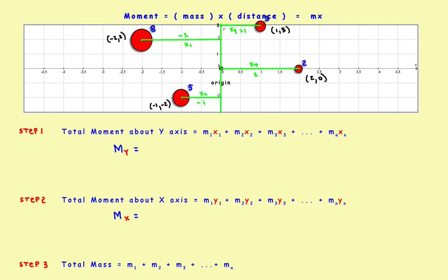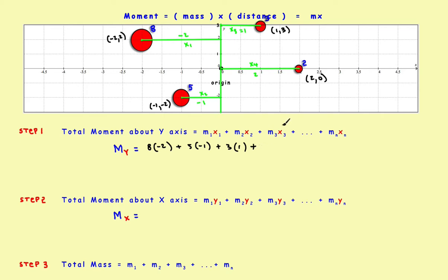So let's calculate what that would be. So mass 1 times distance 1. This mass times this distance. So I'm going to have 8 times a -2 plus this mass times this distance. So 5 times a -1 plus this mass times this distance. So that's going to be, the mass is 3, and the distance is 1.